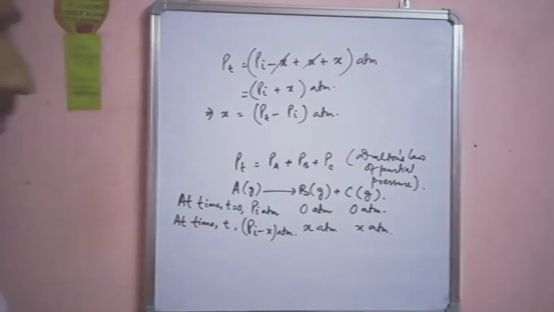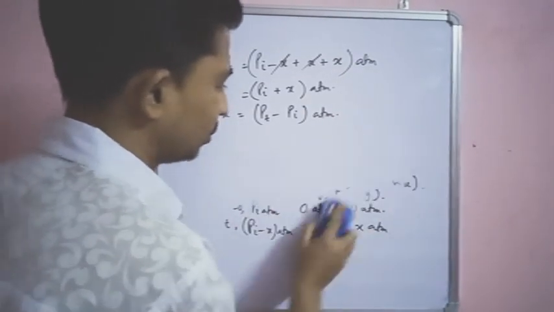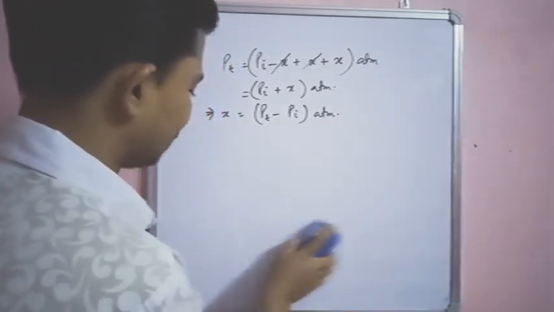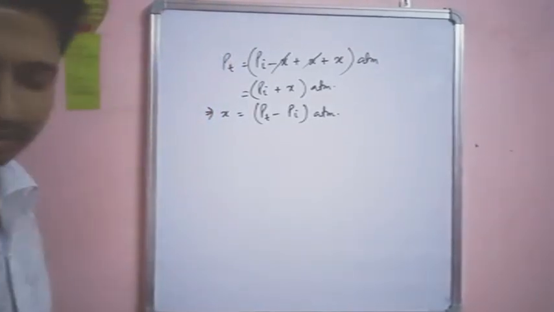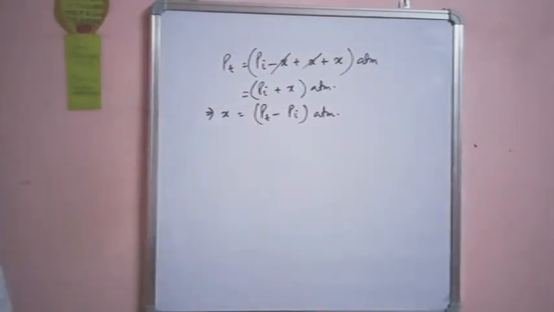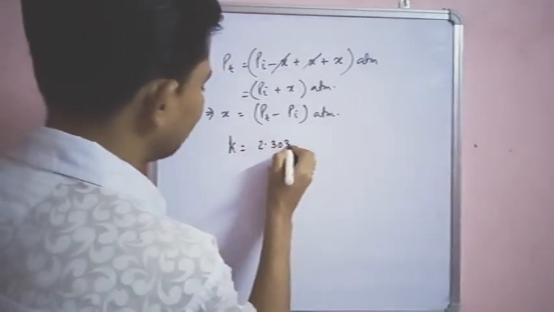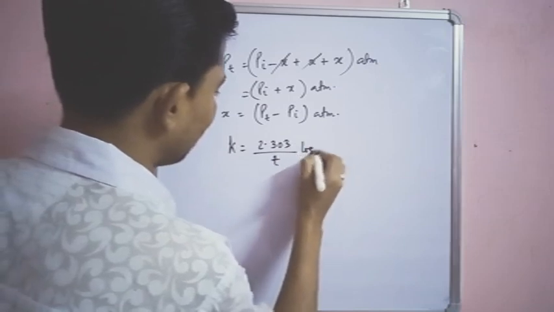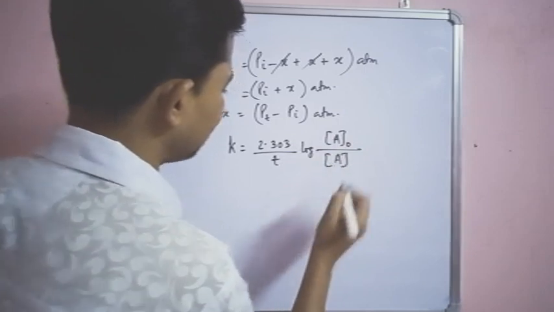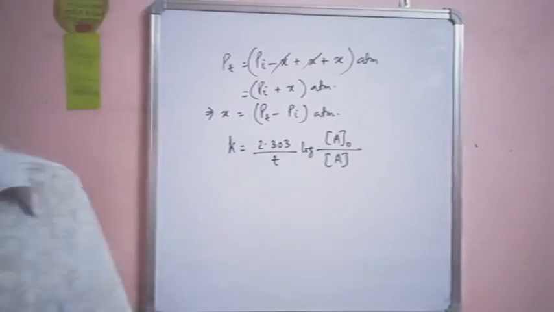Now we know that for a first order reaction we have an integrated rate equation, which we studied in the last class. Do you remember the equation? It is k equal to 2.303 by t log of a0 by a.